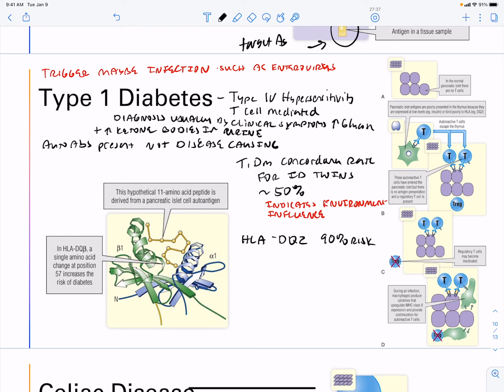So in your HLA-DQ beta chain at position 57, you're going to have an aspartic acid.